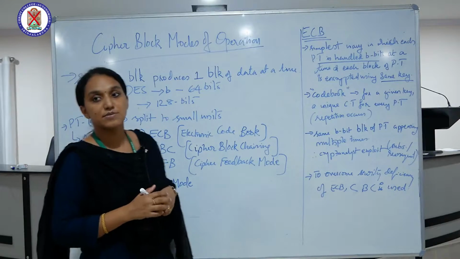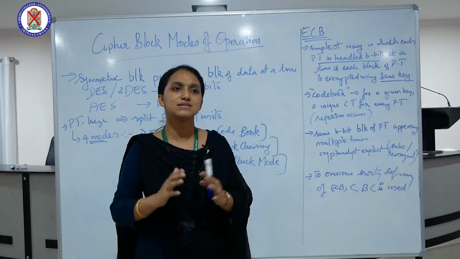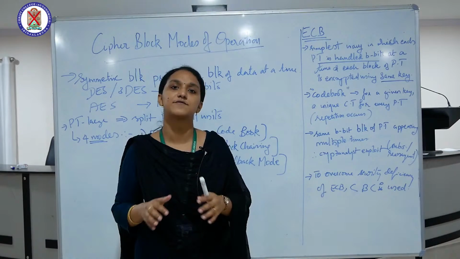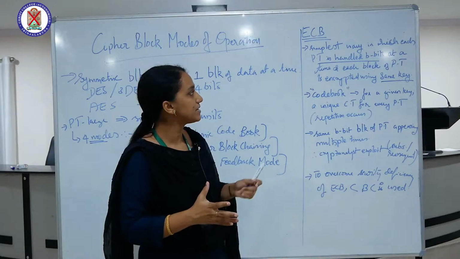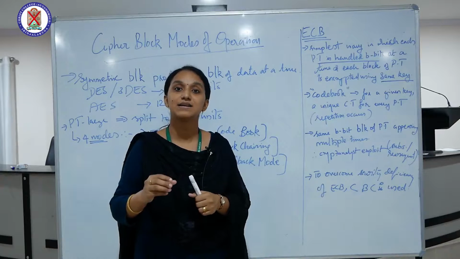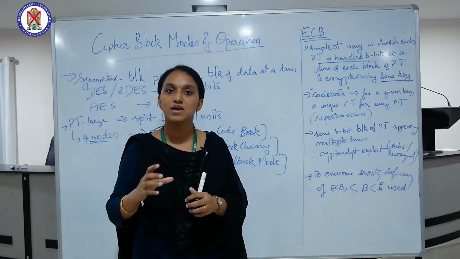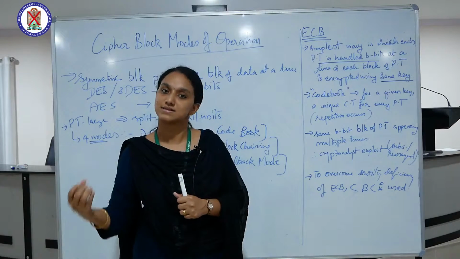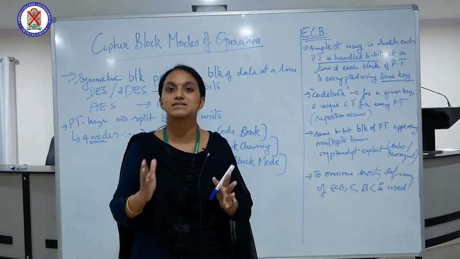Let's see ECB in detail. ECB is electronic code book mode. This is actually the simplest cipher block mode of operation. Here each block of plain text is handled B bits at a time, and using the same key we encrypt it to get the ciphertext. I hope everyone is clear about the concept of plain text and ciphertext.